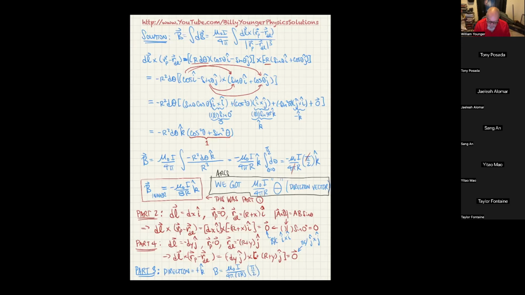Okay, so what you can see here is the pi will cancel out with the pi again. And now instead of having 4 times 2 is 8, we've got 4 times 2 times 2, which is 16. So that implies this part will be B outer is equal to positive mu 0 I over 16r k hat.